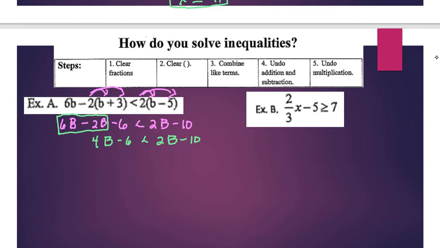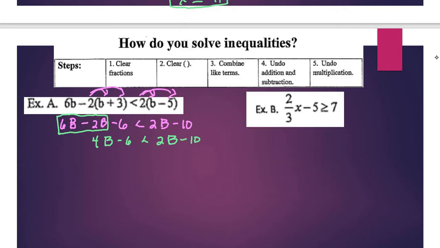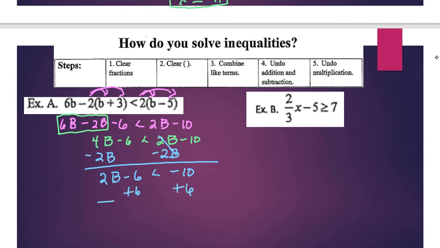Now I'm going to undo an addition and subtraction. We're on step number 4. I'm going to change colors. So when I look at this right here, I'm going to put minus 2b, minus 2b. This cancels out, and I have 2b minus 6 less than a negative 10. And I'm going to say plus 6, plus 6.